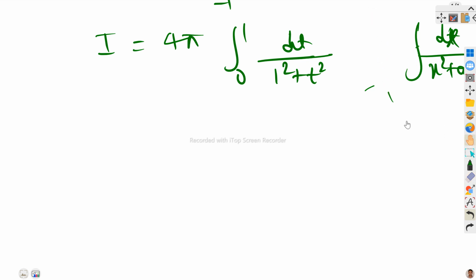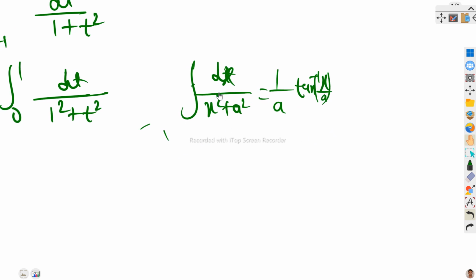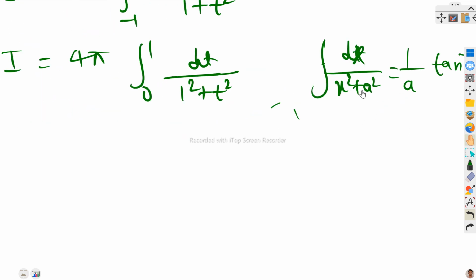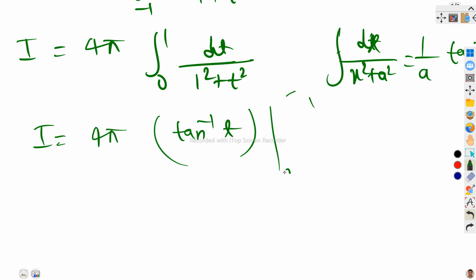Using this formula, here a is 1 and in place of x we have t, so this becomes 4 pi tan inverse t, with 1 upon 1 being 1, from 0 to 1.